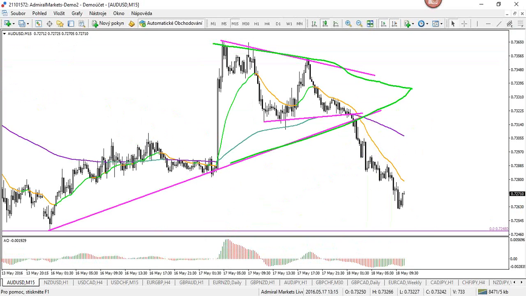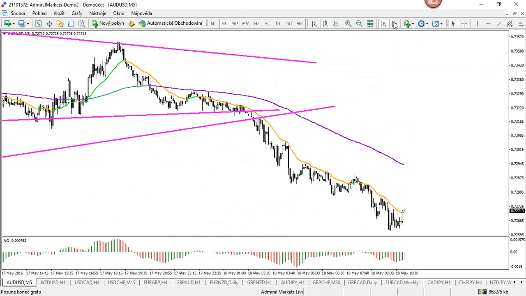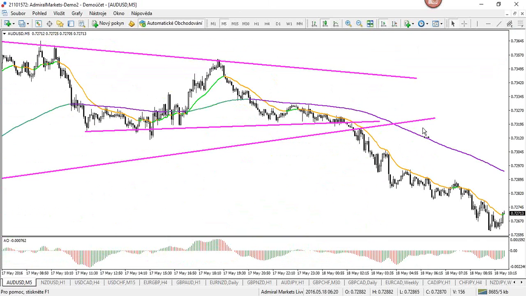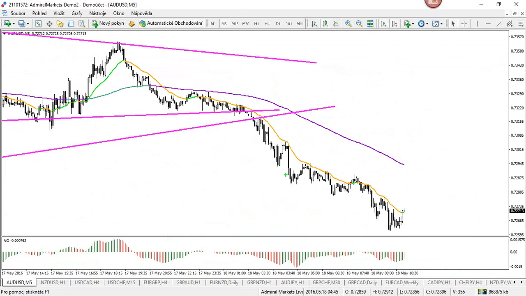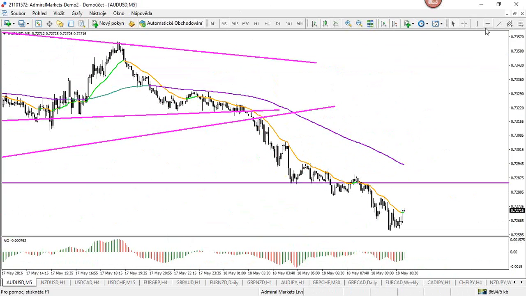A triangle here on the Aussie. So we're looking for a small pullback, a small pattern after the break of the pattern, right? Remember. Now, do we have that? Not really in this case. We got a break, pull back, and more or less continue. The pattern that we first bump into is actually all the way here, I would say, with an ascending wedge.